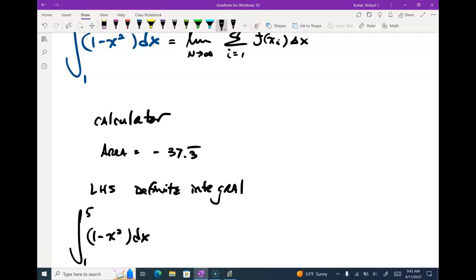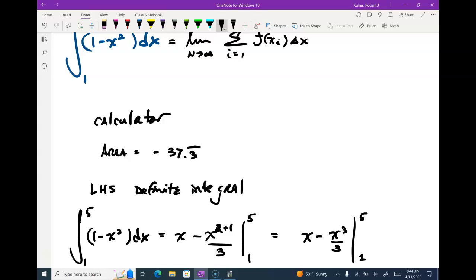What did I take a derivative of to get 1? x. And then level 2, what's the power rule for x squared? I have to add 1 to the power, divide by the new power. I'm going to evaluate at 5, evaluate at 1. So I get x minus x cubed over 3. Evaluate it at 5, evaluate it at 1, subtract.